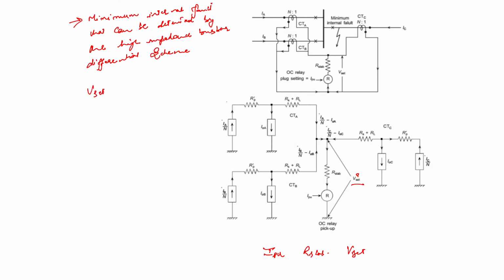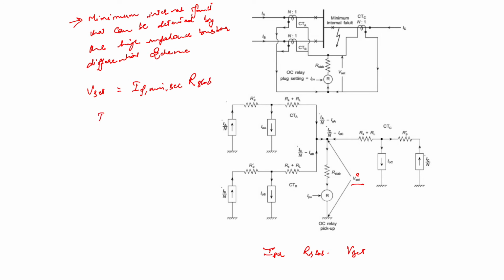V set is equal to IF minimum secondary into R stabilization.